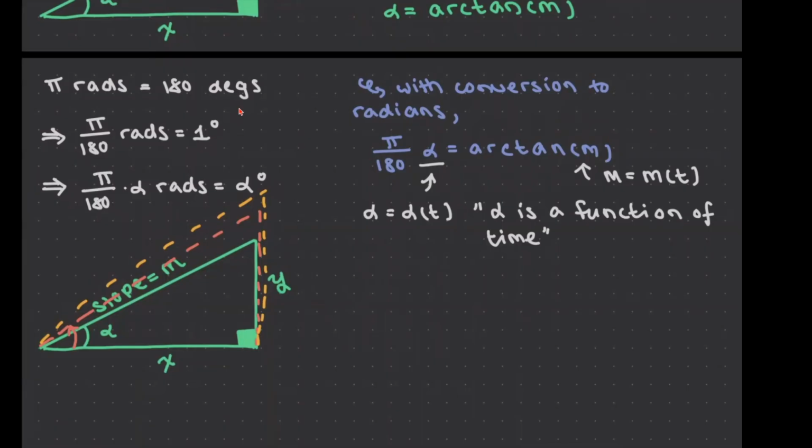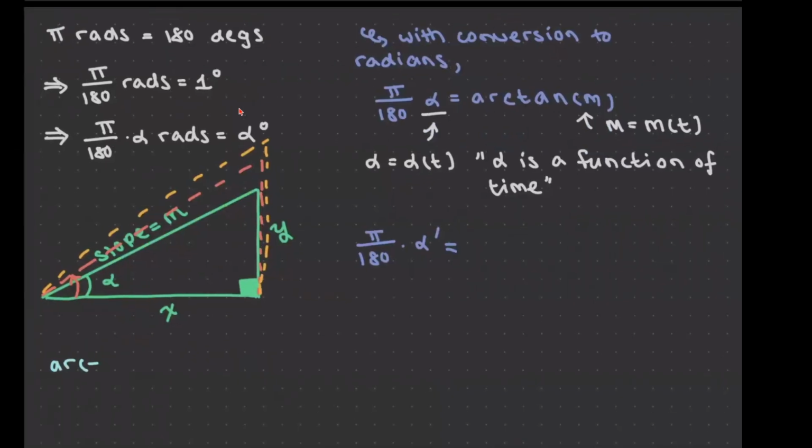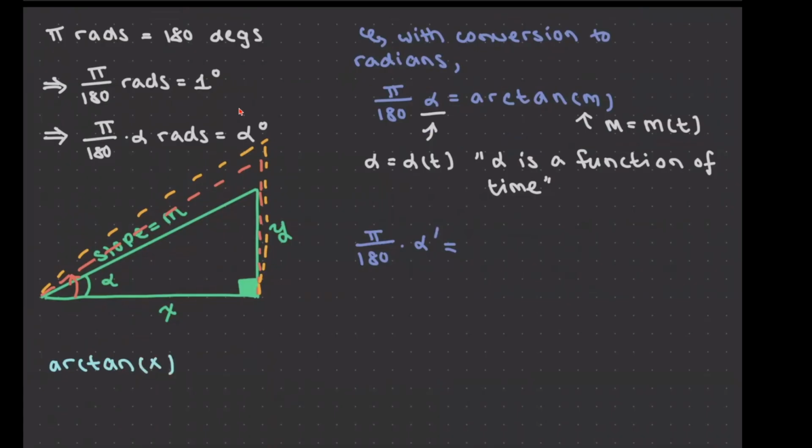So pi over 180 times alpha, well, this is constant times a function, so this is going to be pi over 180 times alpha prime, that's the derivative of alpha, equals, now, what's the derivative if I just had arctangent of x? The derivative of this, does anybody know before I write it down?